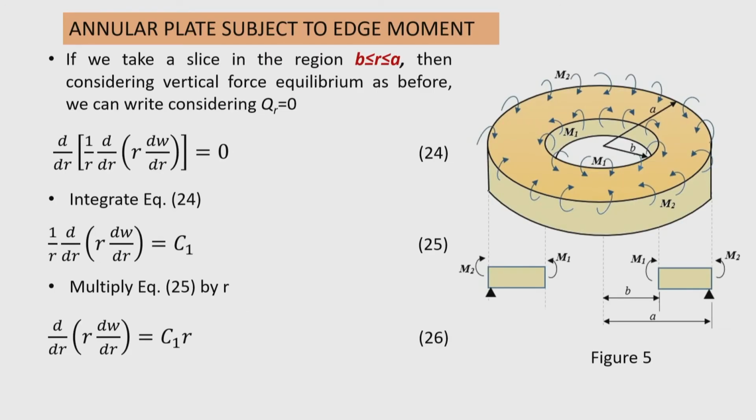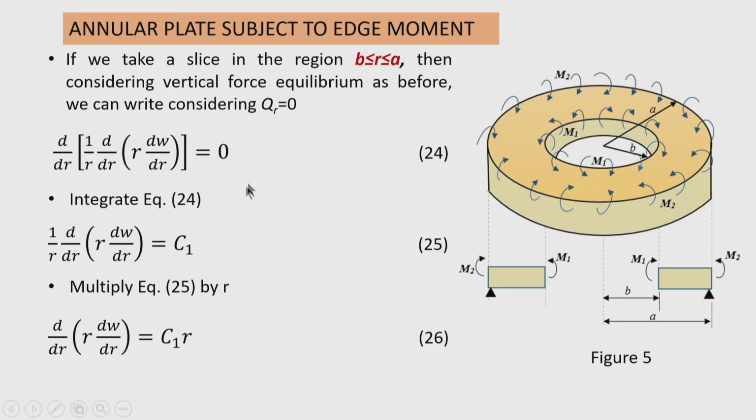Let us come to a case where the plate has a hole at the center. As I told you, this type of plate is encountered in practical application on several occasions. For example, a circular shaped elevated water tank is to be constructed, and then we arrange the columns on the circumference of the circle.